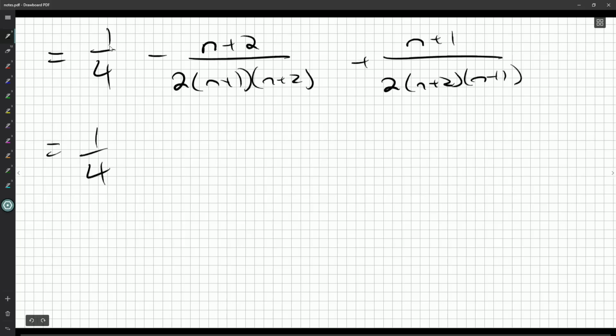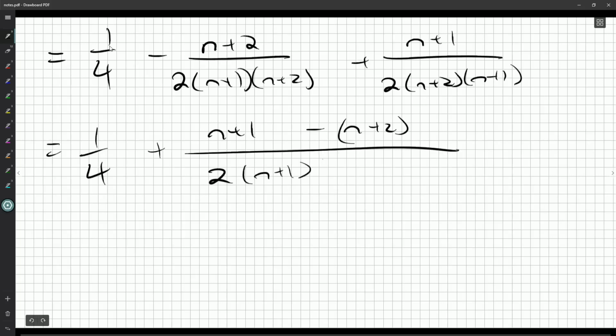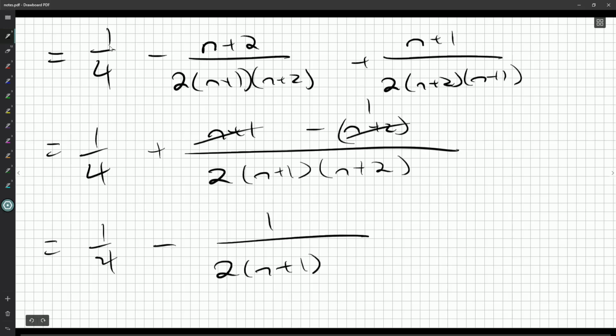So this will be 1 quarter plus n plus 1 minus n plus 2, all over 2 n plus 1 n plus 2. So part of that goes away. We're left with a minus 1. So 1/4 minus 1 over 2 n plus 1 n plus 2.